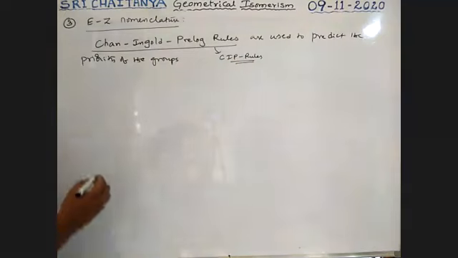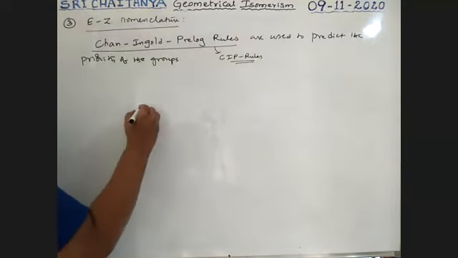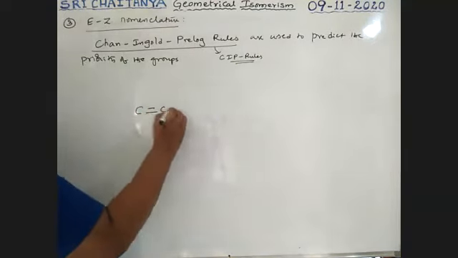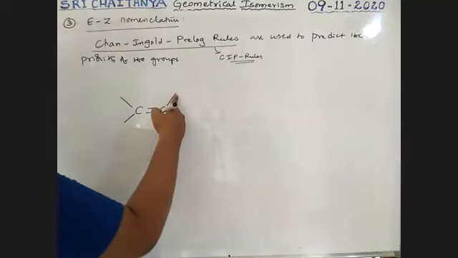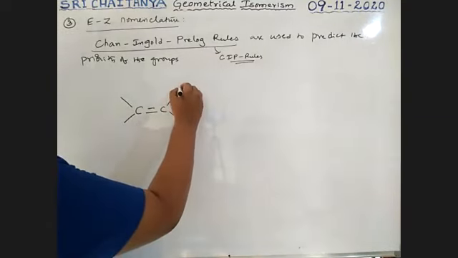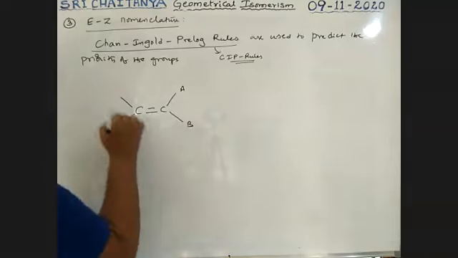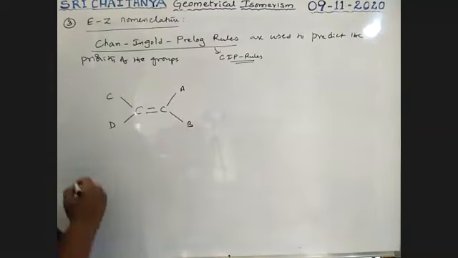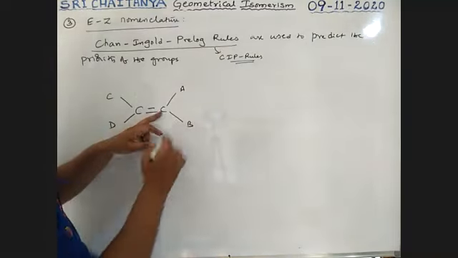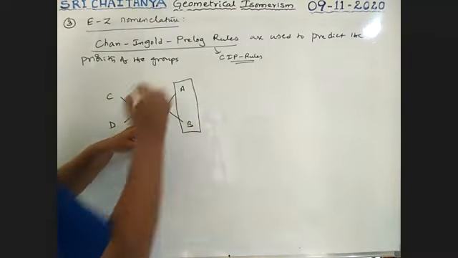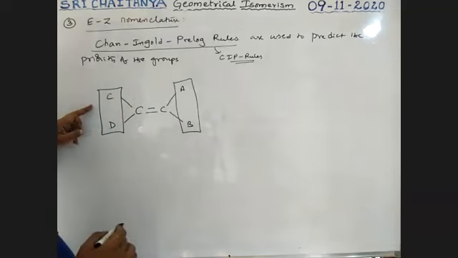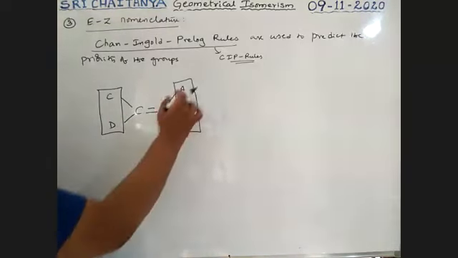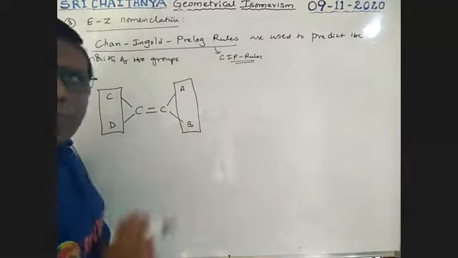See here. For example, there is a C double bond C. For each carbon, 2 groups are attached. The groups attached to one carbon are A and B, and the groups attached to the other are C and D. Among the 2 groups attached to this carbon, which one is more prior?